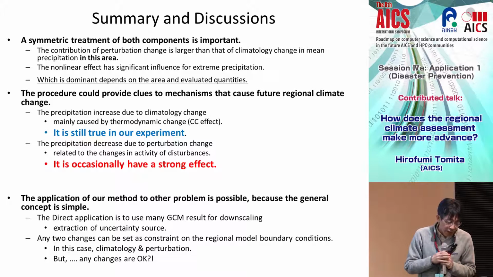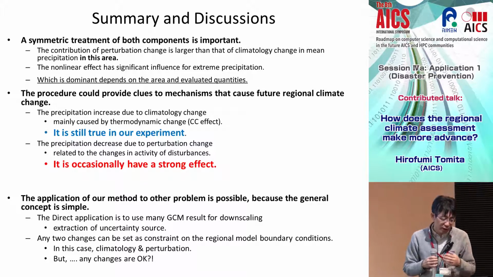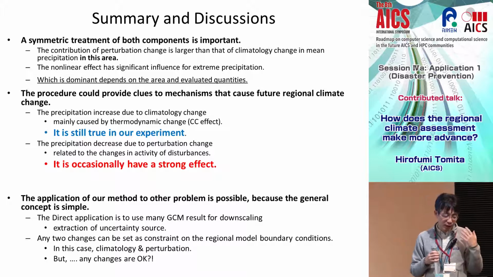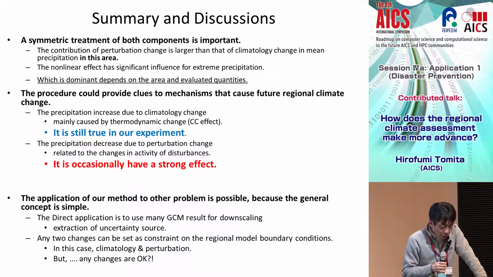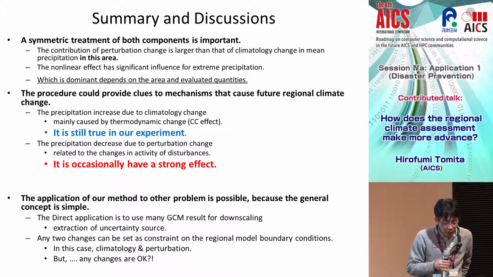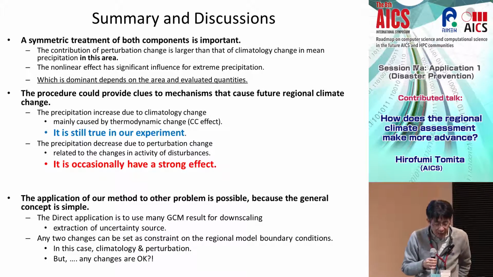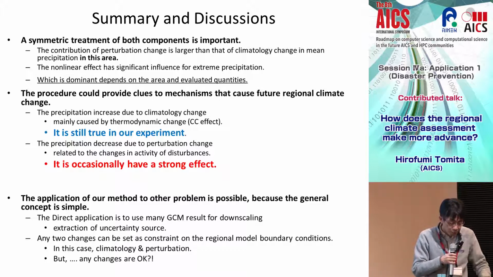And I have to mention that which is dominant depends on the area, the target area and the evaluated quantity. And the second summary is that the procedure could provide clues to the mechanism that causes future regional climate change.